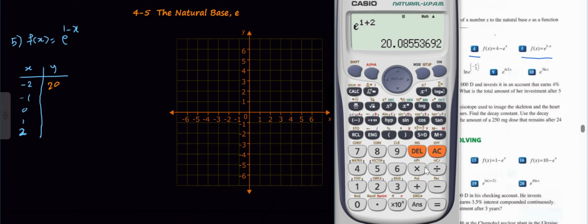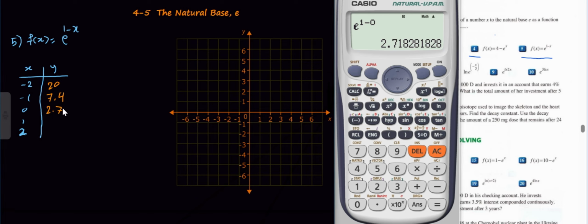What about the second one, which is negative 1? Negative 1 as well, it will be plus 1. So it means e to the power 2 equals 7.4. If you put 0, it will be e to the power 1, which is 2.7.